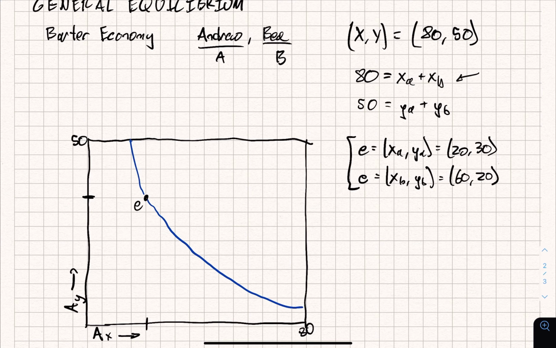So we can think about this extreme point as the point where Bea gets nothing, and this extreme point as the point where Andrew gets nothing and Bea gets everything. So instead of using two graphs, one to represent Andrew and one to represent Bea, because we have this relationship between their allocations, we can do it all on one graph.